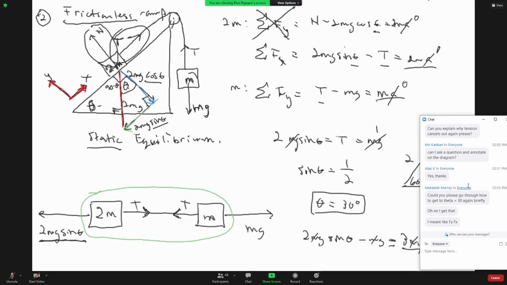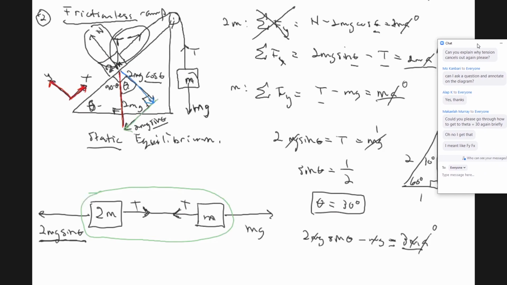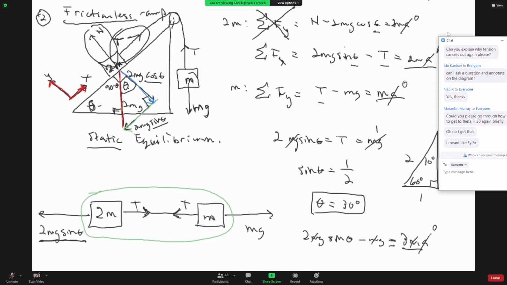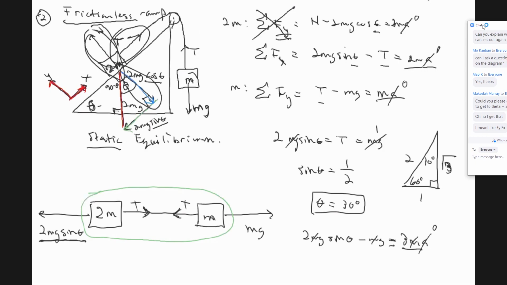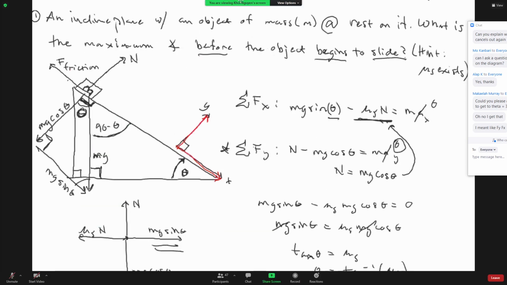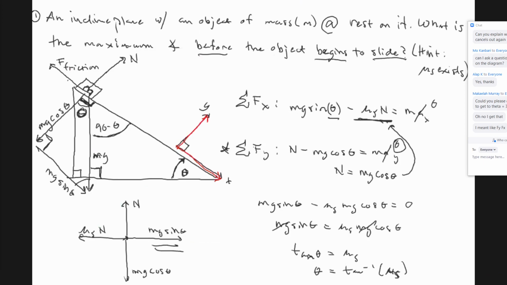Sorry. Oh, okay. So look, for the y component here, I did up minus down. And then the other one, I did left minus right. It's the same thing as what I did in this one. Up minus down, right minus left, or left minus right.